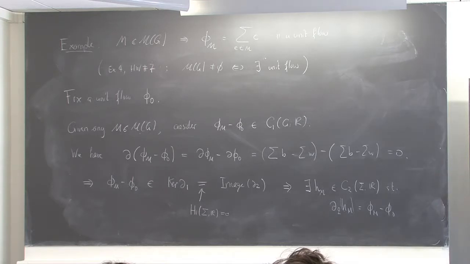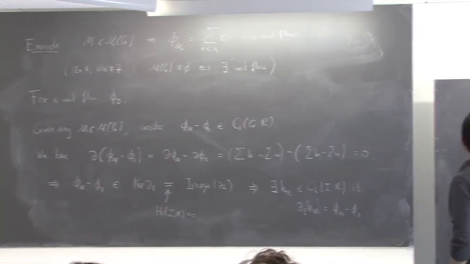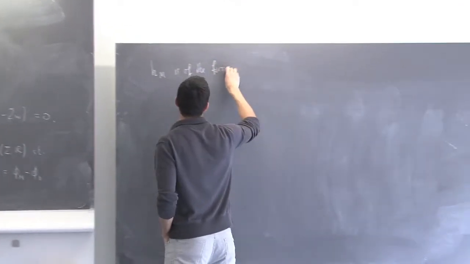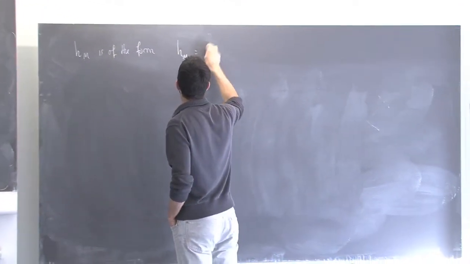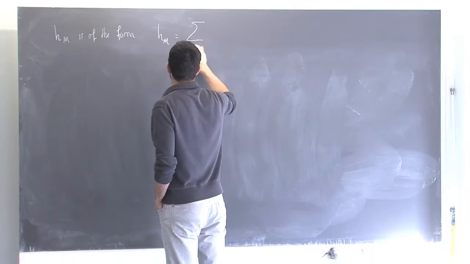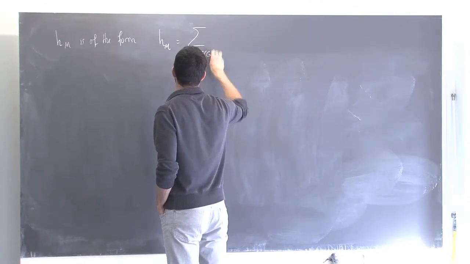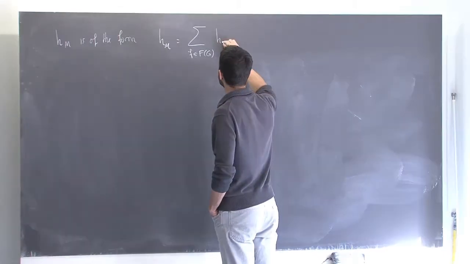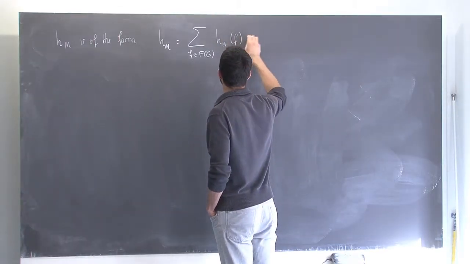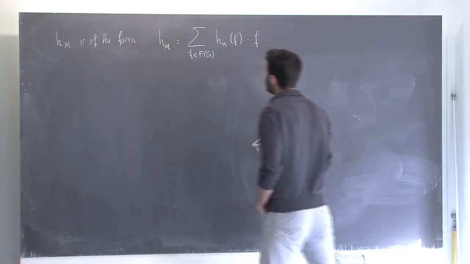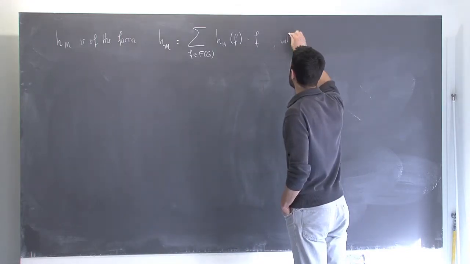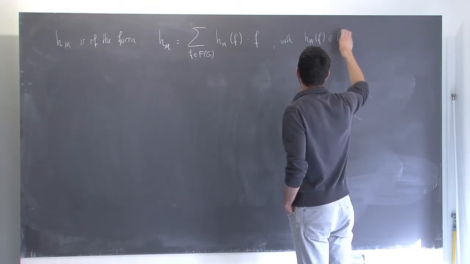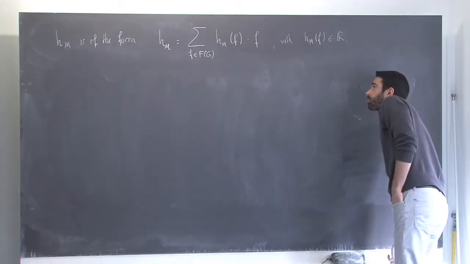So what is this element? So hm is of the form a sum over the faces of the graph, with hm of f a real number.